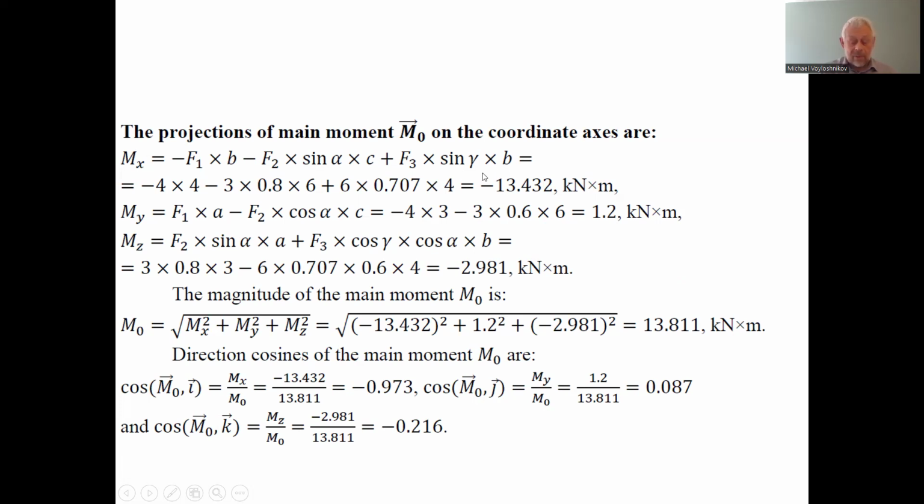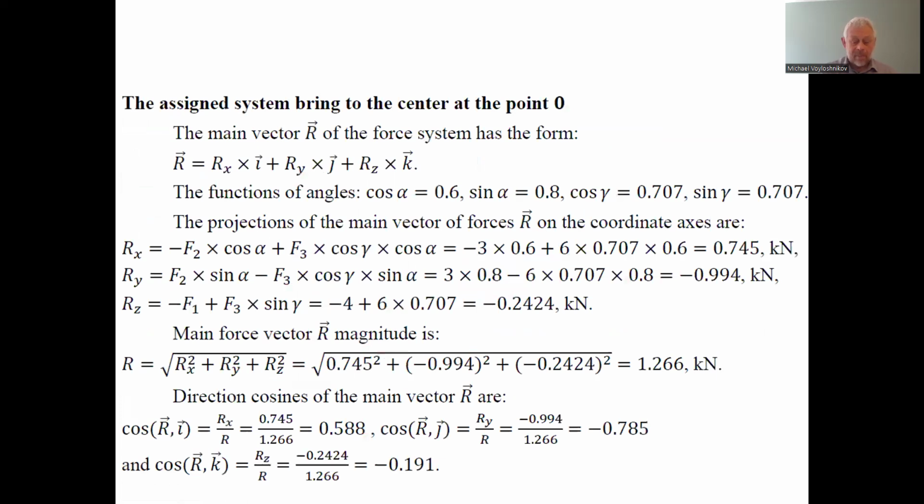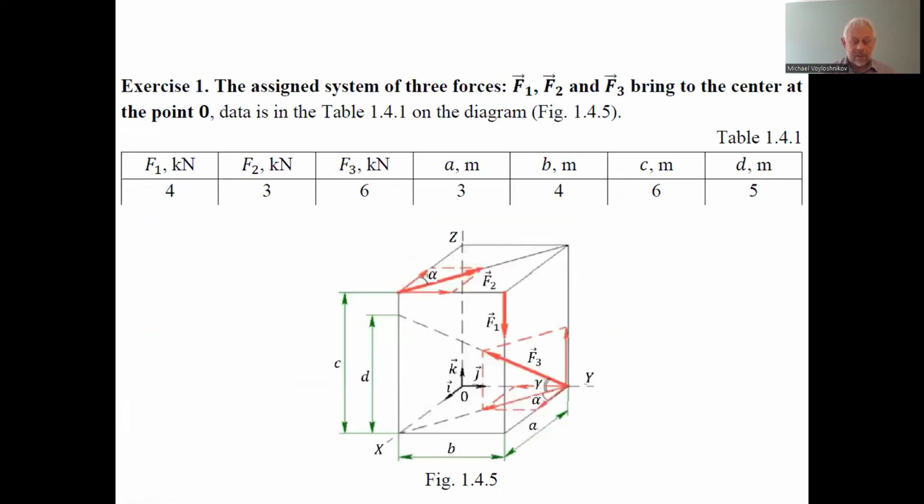So if you look at the original picture here, for the projection of the main moment on the x-axis, this horizontal force is force F2 multiplied by sine alpha, and the arm is c. C is the arm for the moment of this projection, rotating the body counterclockwise.